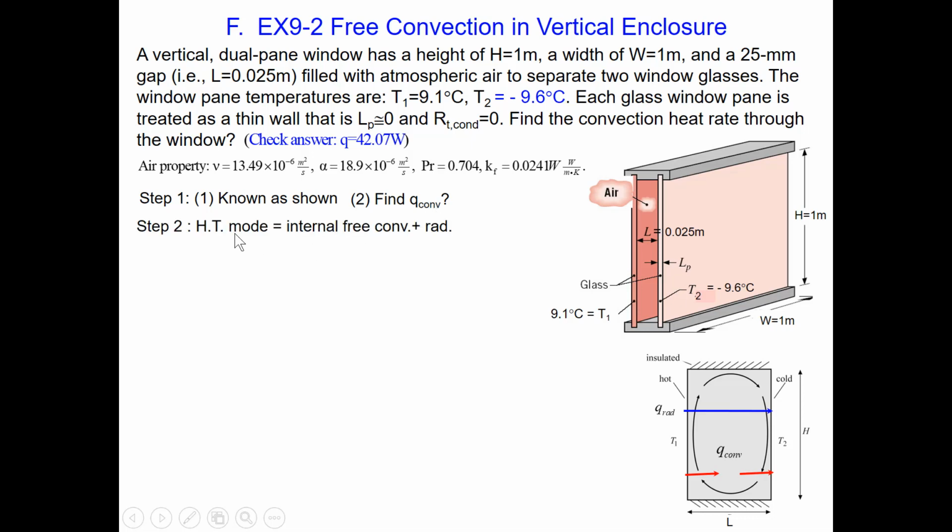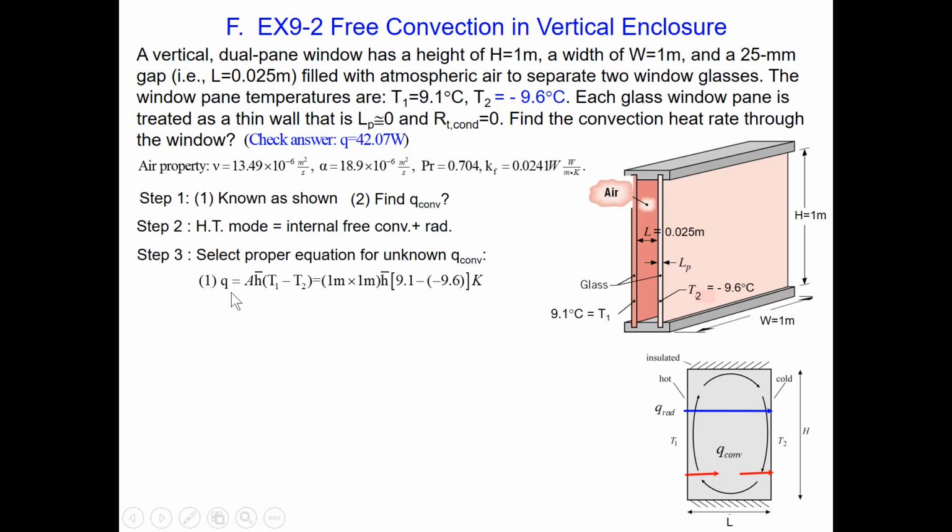Step 2, identify all the heat transfer modes. Due to buoyancy induced flow motion, there's free convection between the solid surface and a moving fluid. There's radiation between these two solid surfaces. Step 3, select the proper equation.